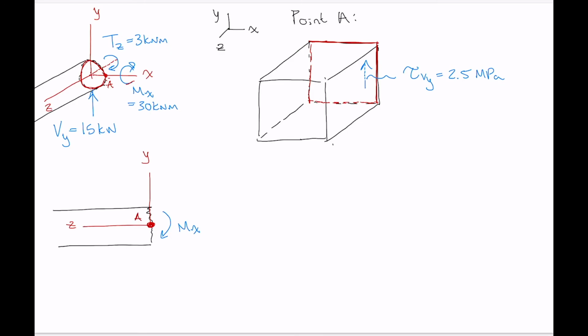So we know what a moment is going to do in that orientation. It's going to take the bottom of the cross section, jam it in, take the top of the cross section, pull it out. Nice linear transition between those. At point A, there is no stress caused by the internal moment Mx. Why? Because point A is on the neutral axis of bending for Mx.